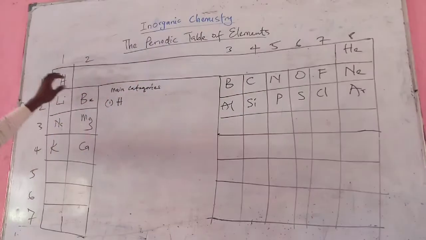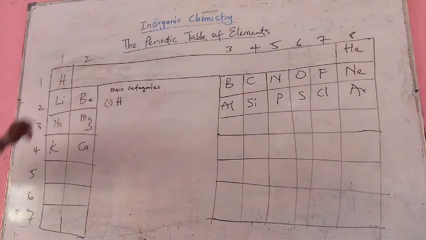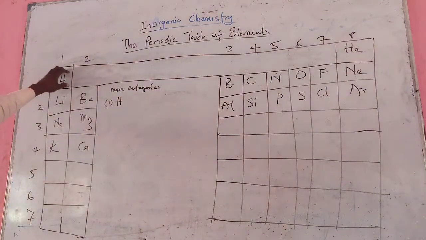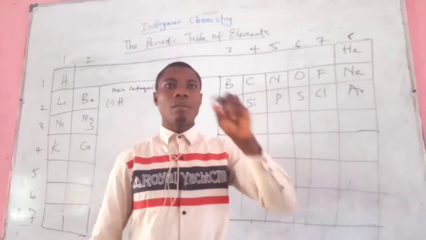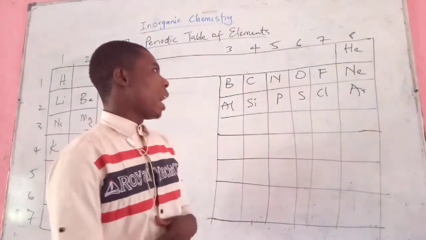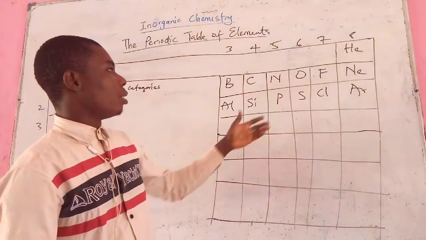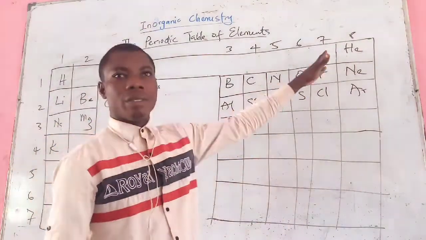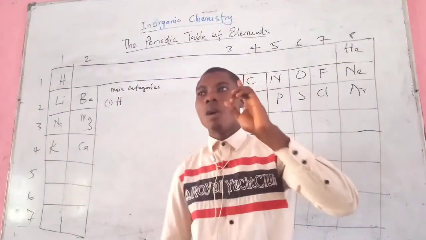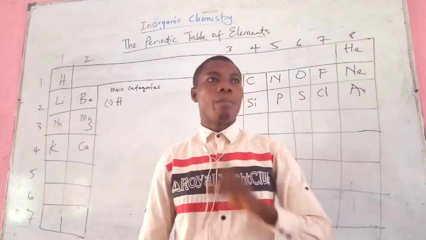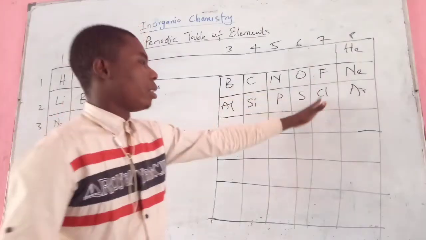Hydrogen is placed in group 1 simply because hydrogen has one electron in its outermost shell. And hydrogen can also fit in another group, which is what? Group 7. Simply because hydrogen requires one more electron to complete its outermost shell, just like every other element in group 7.